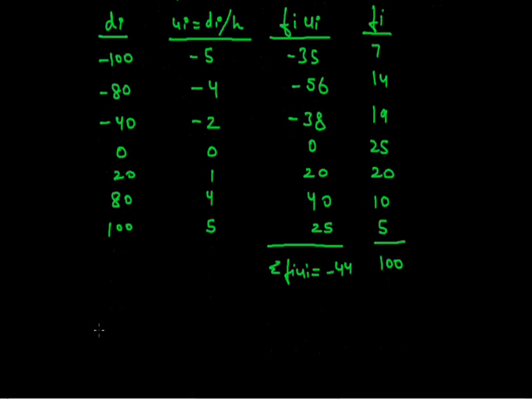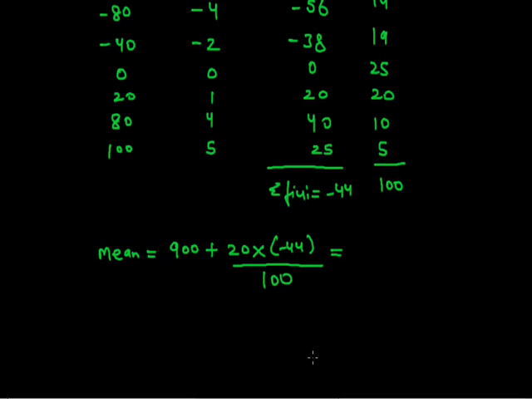And now for finding out the mean, we take the assumed mean. So the assumed mean we have taken as 900 plus h, which is 20, multiplied by the summation of fi ui, that is minus 44, divided by the summation of fi, that is 100. And now this is much easier to solve as compared to the direct method or even the deviation method.